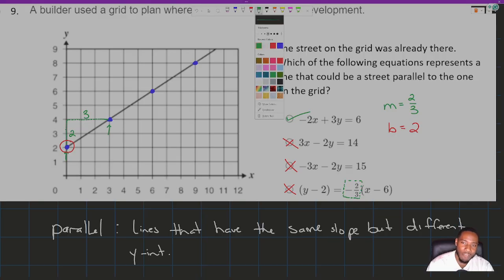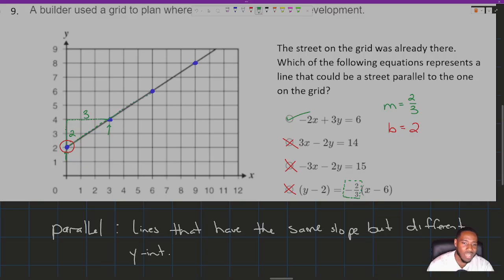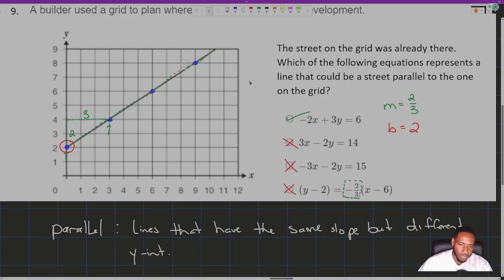And if we were to graph our line on this graph they give us, what we would see is we'd end up graphing our line on top of this one. Now, if we understand that parallel lines don't cross, then this situation where our lines are overlapping, on top of each other, doesn't really meet that definition.